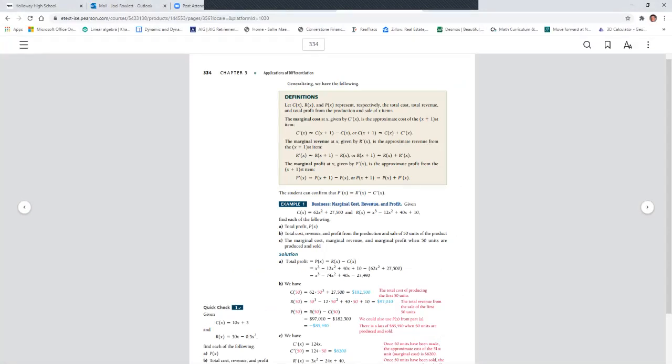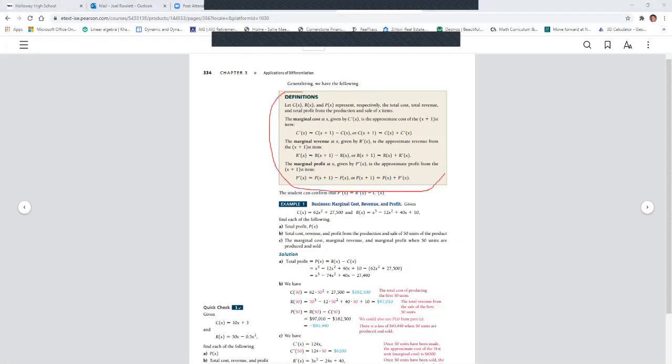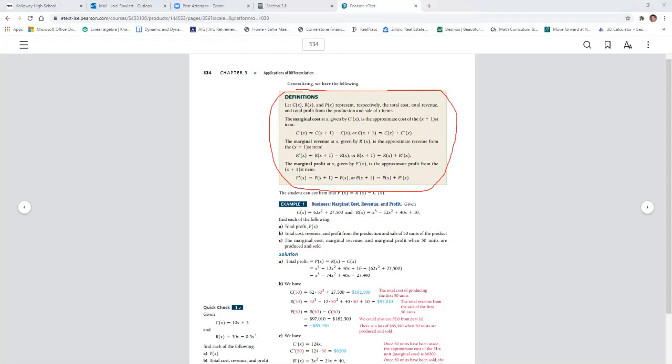I'm going to start off by looking at a few definitions here. Let C of x, R of x, and P of x represent, respectively, the total cost, total revenue, and total profit from the production and sale of x items.